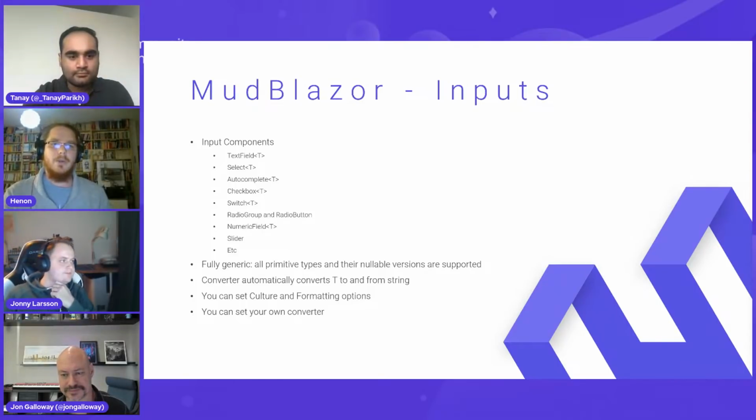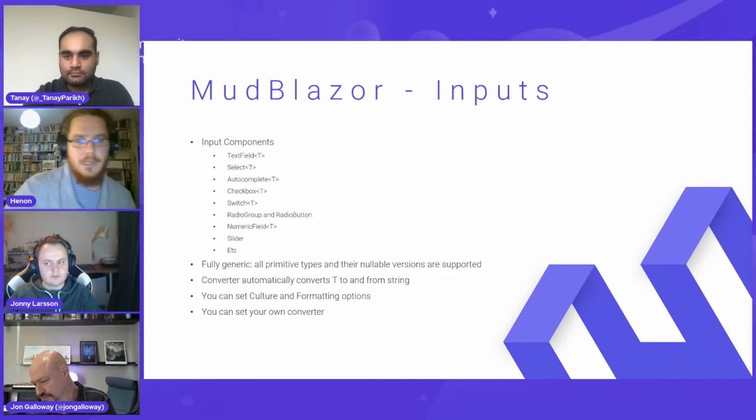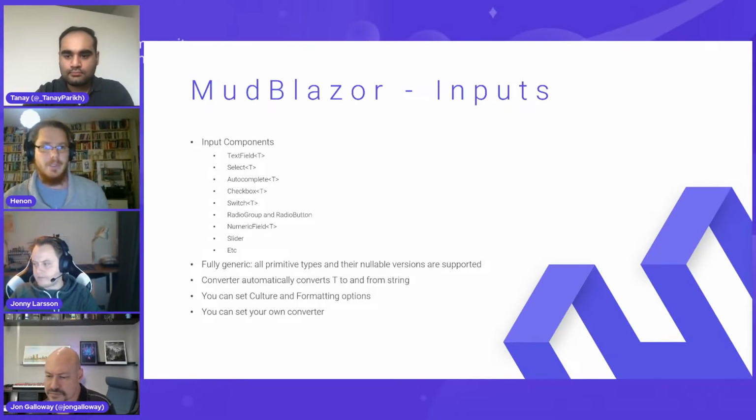what's nice about our inputs, like text field, select, autocomplete, checkbox, switch, radio group, numeric field, slider and so on and so forth, is that they are all generic. So you can directly bind your model to them. Doesn't matter if it is a double or a nullable int or whatever.